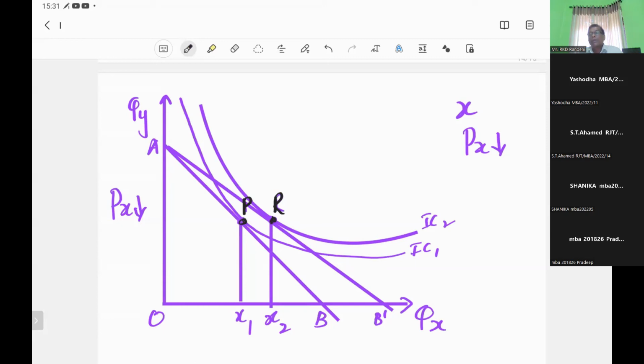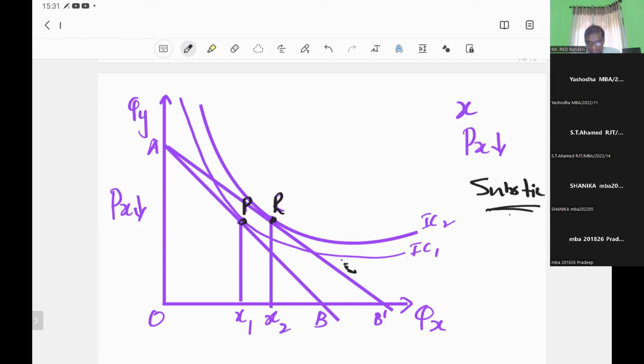Before that, you have to remember that the substitution effect is more powerful. This is an inferior good. The substitution effect is more powerful than the income effect. So through the budget line, that is the substitution effect part. Then the tangent point should be somewhere here.